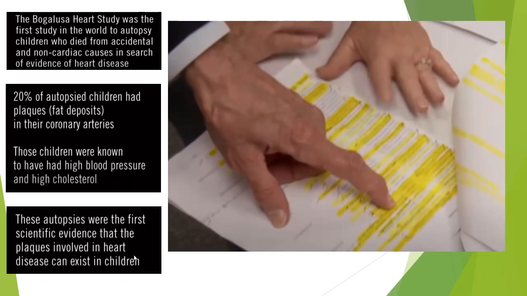So the heart beats faster because it has to push harder to go through those narrow arteries and veins. And these autopsies were the first scientific evidence that the plaques involved in heart disease can exist in children, okay?